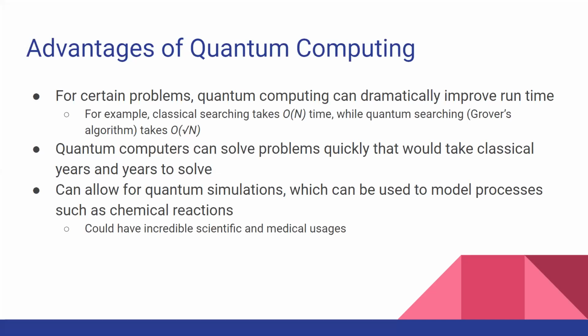Quantum computers can also solve, in general, a lot of problems quicker than classical computers, to the point that classical computers would take years and years to solve the problem, but the quantum computer could solve it maybe in a couple minutes. A possible example of that is breaking RSA encryption. That's very, very difficult for a classical computer to do, but there are algorithms that exist.